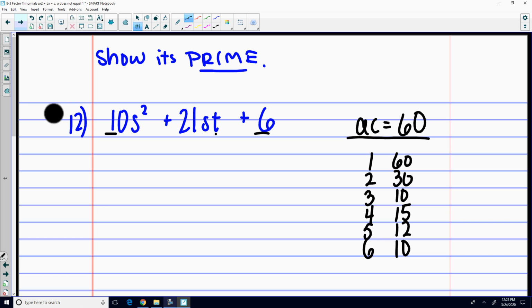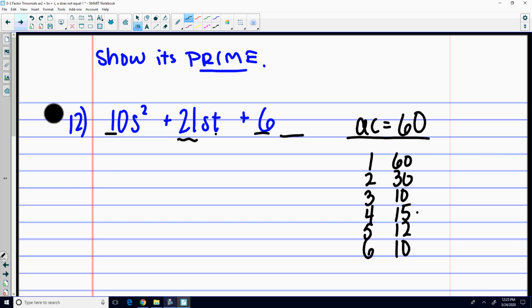So for the fact that it's also missing, this should be t squared here at the end, but it doesn't even have that. So there's one mistake. Well, let's just see. Could we make 21 out of any of these? Positive 60 and positive 21, so either both have to be negative or both have to be positive. And if we look down this list, this one gets close. It's 19. That's the closest one there. So we can't even make 21 out of this.